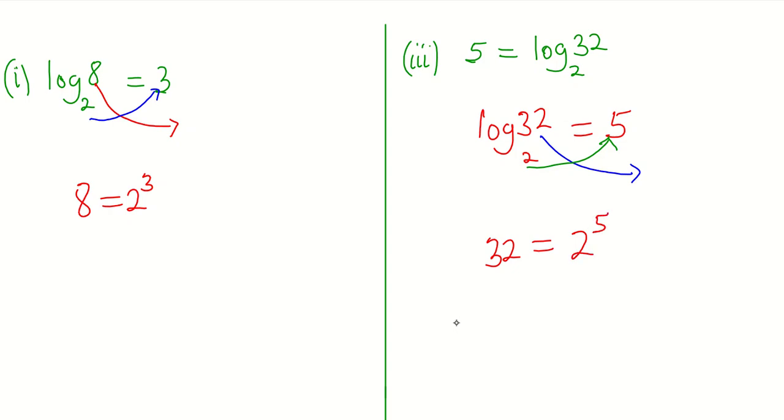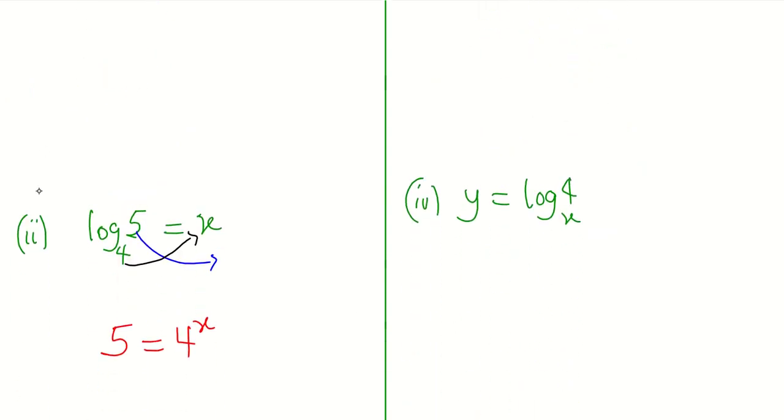Now, our next example, we are going to consider y, that is equal to logarithm of 4 to the base x. So comparing the position and arrangement, we can see it's quite different from logarithm of 5 to the base 4, which is equal to x. So with this, we can rewrite or rearrange as logarithm of 4 to the base x, which is equal to y.